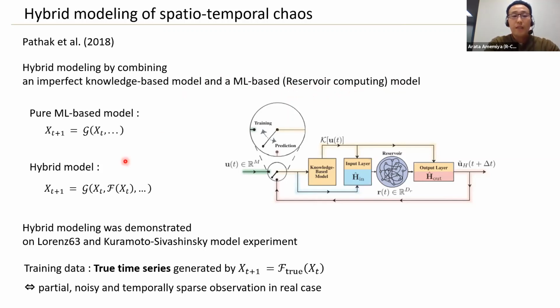In the hybrid model, the input of reservoir computing is a combination of state variables and the forecast by an imperfect knowledge-based model. They show that this hybrid modeling approach is much better than a purely machine learning-based model.